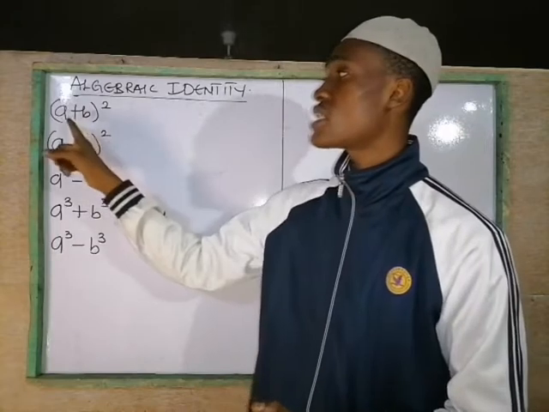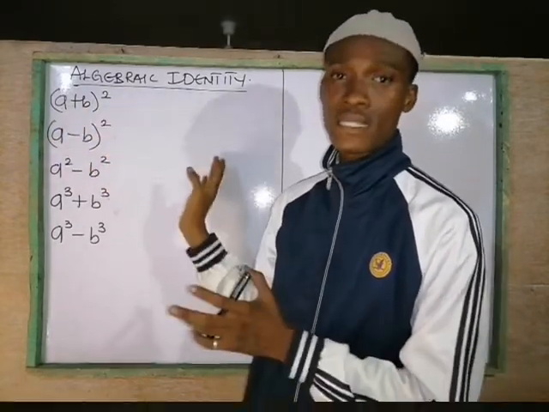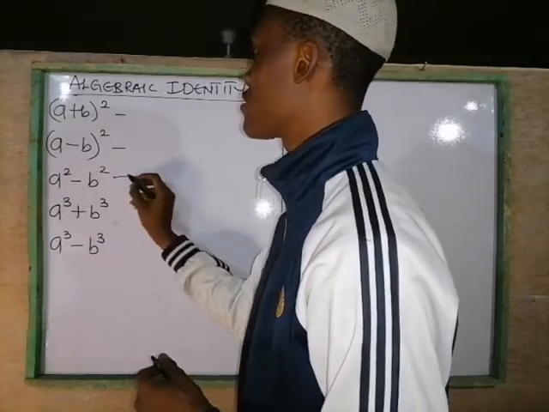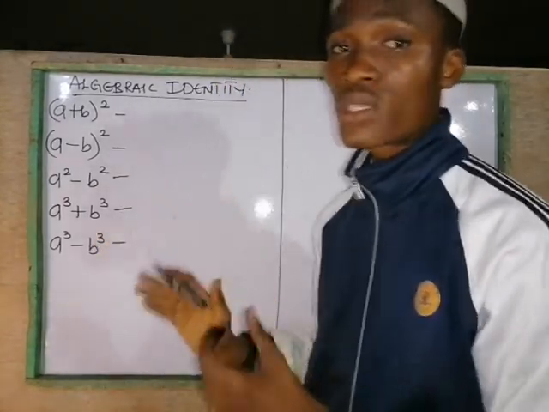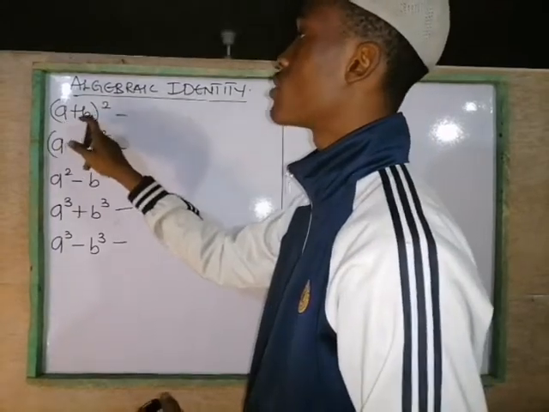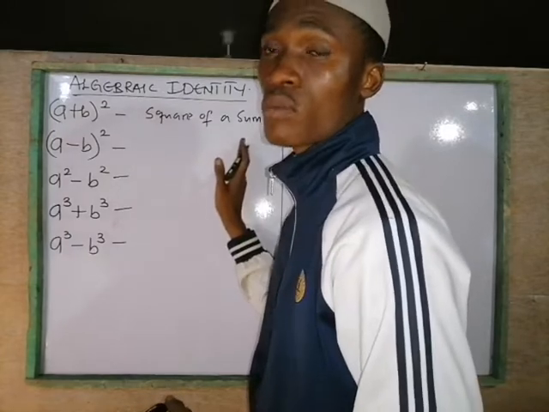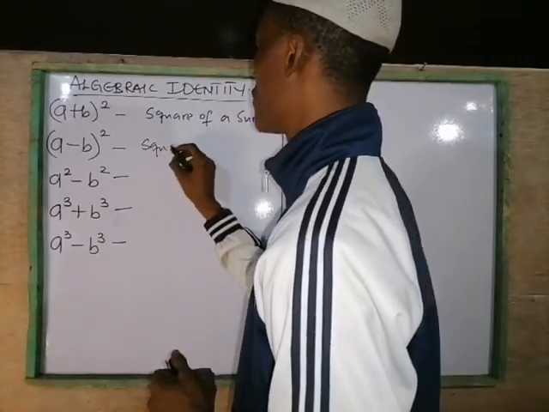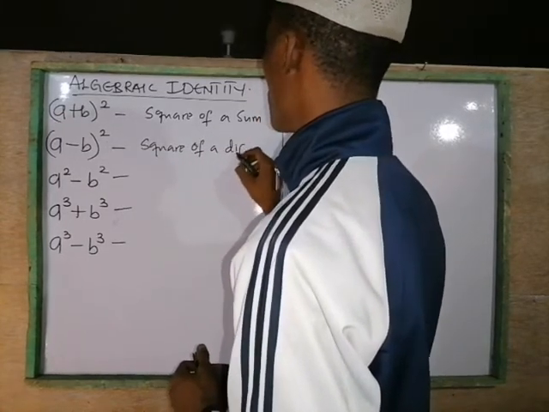For example, this (a + b)^2 has its identity. So this is the first identity, this is the second identity, the third identity, the fourth identity, and the fifth identity that we'll be considering today. This first identity, (a + b)^2, is square of a sum. This second identity is square of a difference.